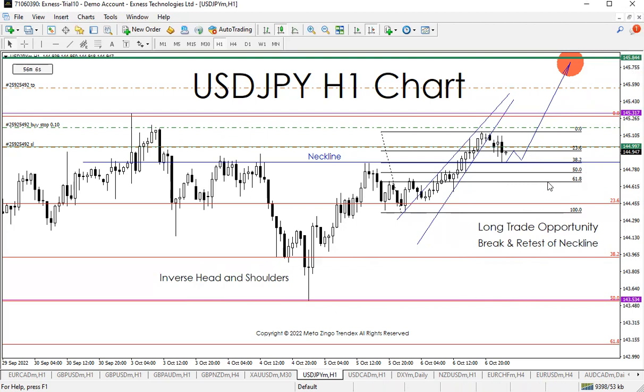I have already sent out the signal for this, and the signal is a buy stop. So what I did here is that I set up a buy stop order, because my thinking is that if price is rejected from this Fibonacci level that will be tested, it will push up.